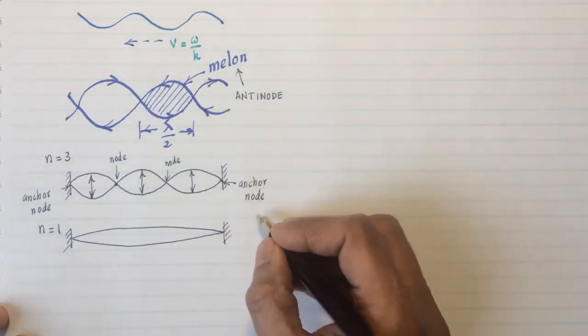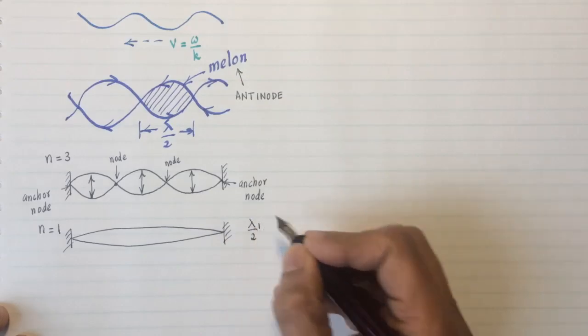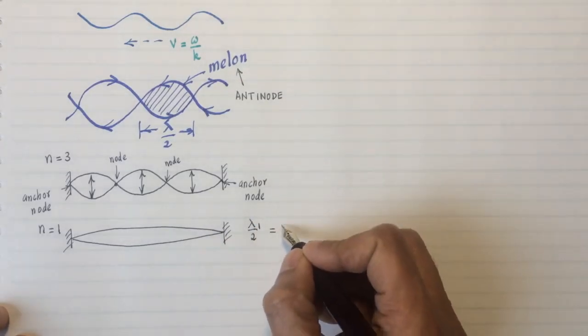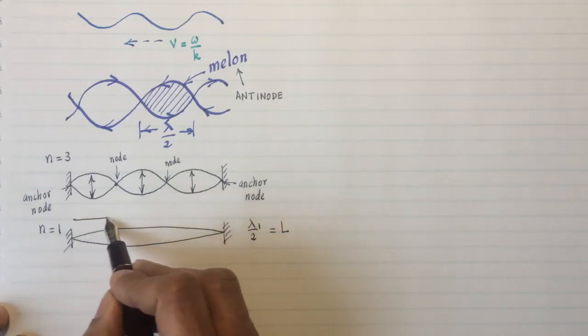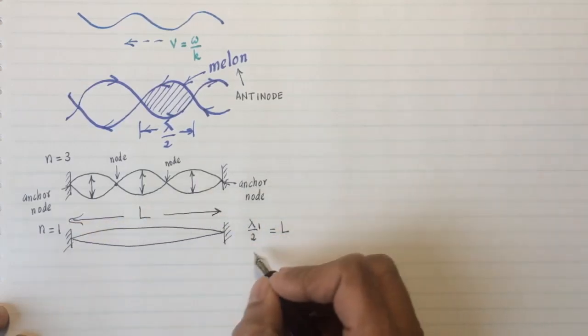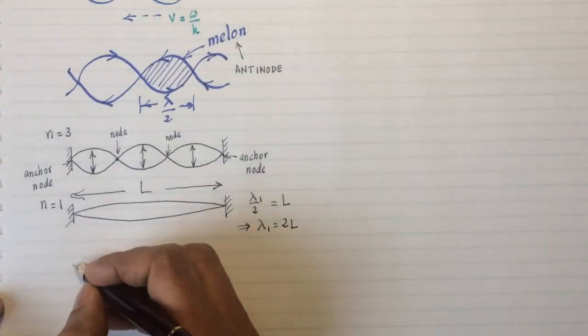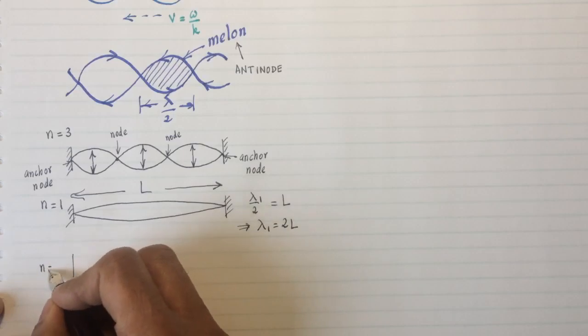So that would be half a wavelength, lambda over 2 for n equals 1, would be equal to the entire length. I'll call this the length of the string, capital L. Which means that lambda 1 is 2L. All right, let's try n equals 2 now.